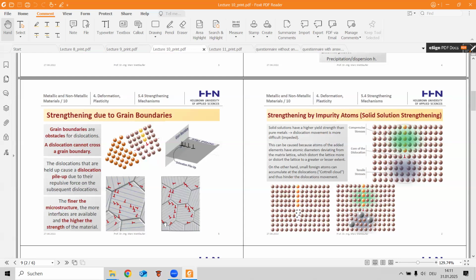On the other hand, small foreign atoms can accumulate close to dislocations, forming clouds, and thus hinder dislocation movement. So we have here compressive stresses, above the dislocation, tensile stresses.